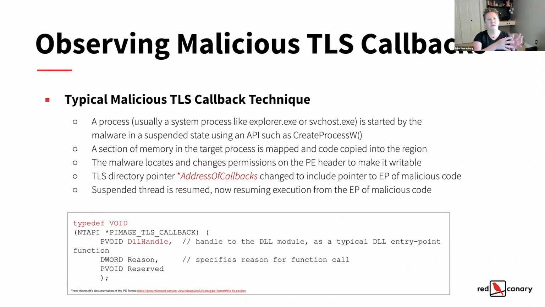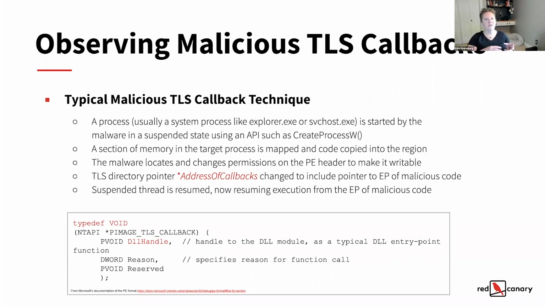So the TLS directory itself contains this pointer, the address of callbacks pointer, that is a pointer to an array of callback functions. And you can see I've put the prototype of these functions at the bottom of the slide. This is straight from Microsoft's documentation.